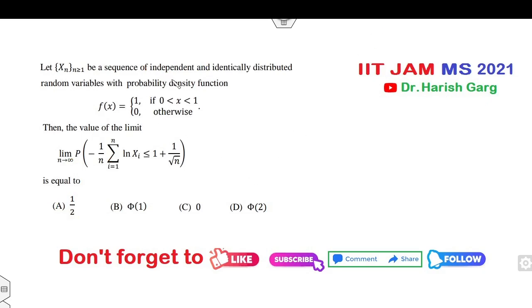Okay, the Xi's are IID given to you. Which distribution is here? 0 to 1. So X follows the uniform distribution on 0, 1. We need the log of the Xi's. What is the minus log of Xi? It follows the exponential distribution with parameter 1.